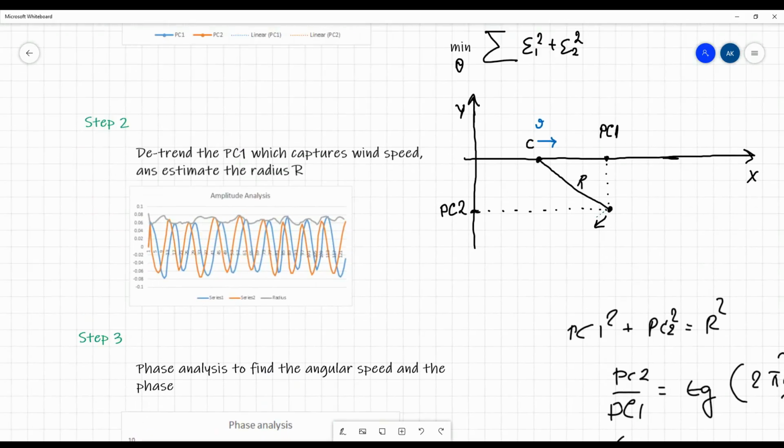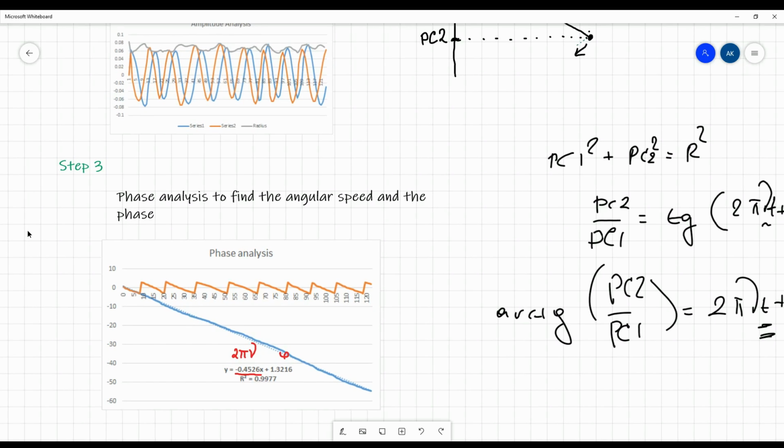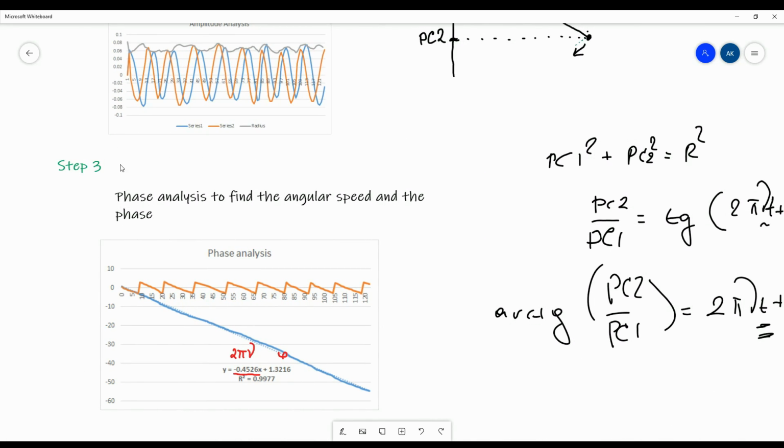We went through steps of conversions of the initial data set, and the last step, step number 3, was when we were conducting phase analysis, right?